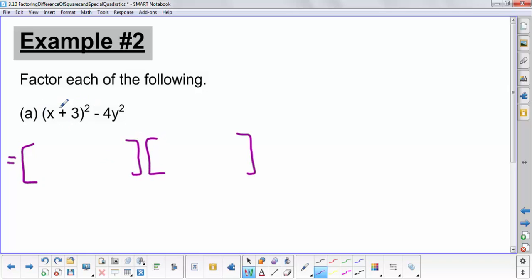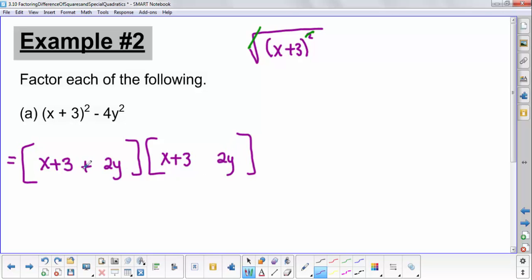Now the square root of a binomial squared, so we have x plus 3 all squared, and we want to square root it. Know that the square root and the squared cancel each other out, so what we're left with is just the x plus 3. So that goes on the left side of both brackets. The 4y squared, we'll take the square root of that.